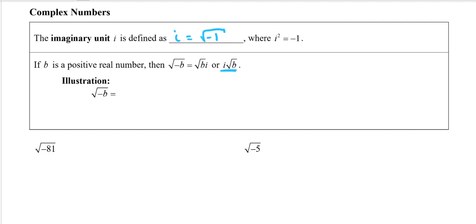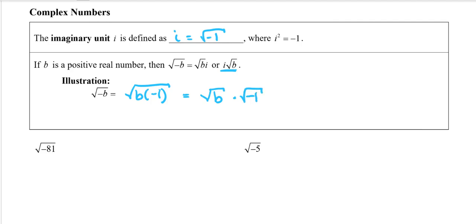We can rewrite the square root of -b as the square root of b times -1. Then we can use our product rule for radicals to split that up into the square root of b times the square root of -1.